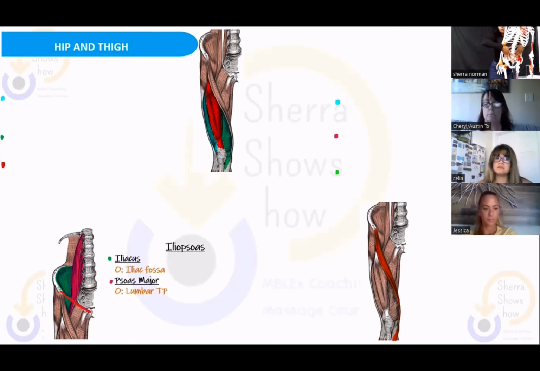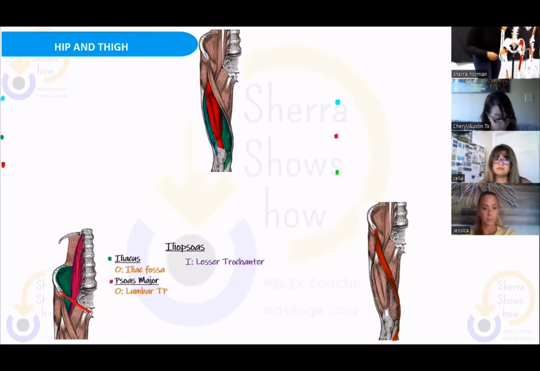So these muscles come down through here, go behind the inguinal ligament. I drew it in right there. And they both insert on the lesser trochanter. So they come down and reach around to the back of the thigh at the lesser trochanter.